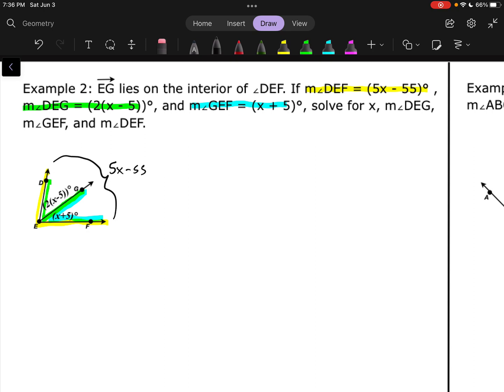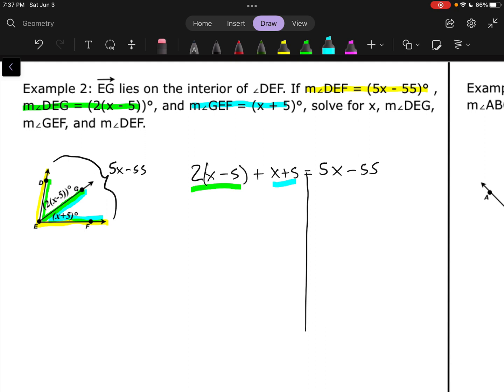Okay, so let's do part plus part equals whole. 2(x minus 5) plus (x plus 5) is equal to 5x minus 55. Okay, that is my part plus part equals whole.